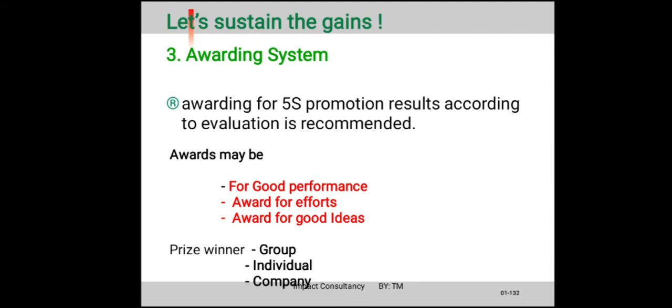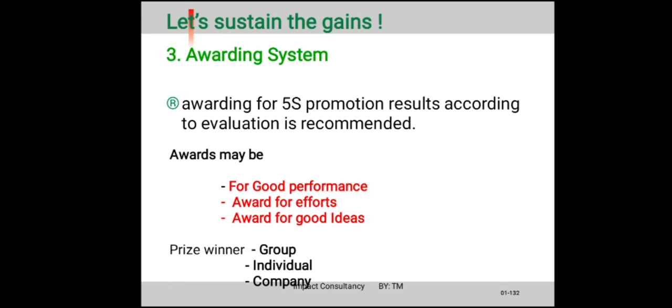The third one is awarding system. Awarding for 5S promotion results according to evaluation is recommended. Award may be for good performance, award for efforts, award for good ideas. Because Kaizen uses suggestion system and the participatory approach to use workers' creativity and minds' intelligence.